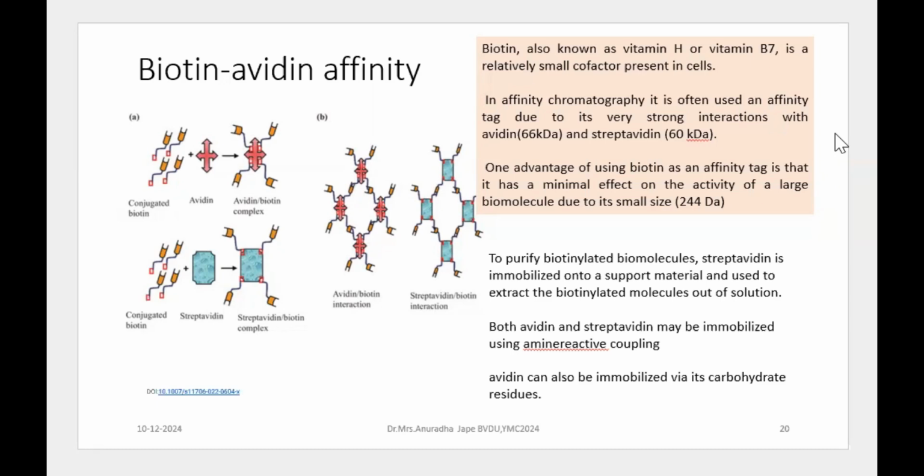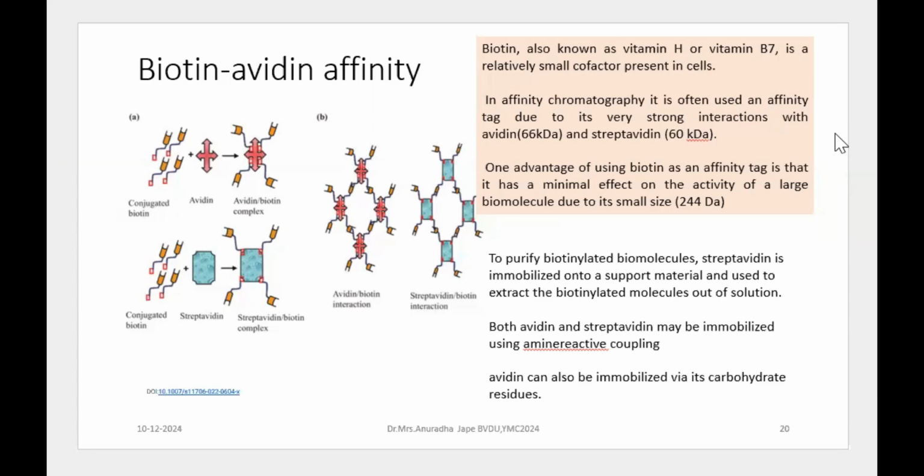And this might happen if the ligand is directly implanted or allowed to attach onto the surface of the support matrix. So in such cases, we can add spacer arms, right? The spacer arm generally is about 6 to 10 carbon atoms, and it has functional groups on either of its ends. One attaches with the support matrix and one attaches with the analyte under study.